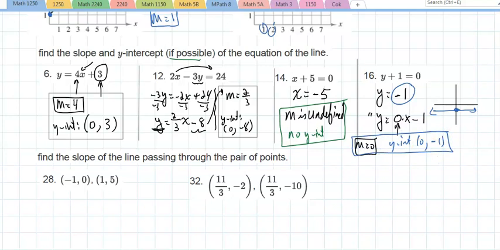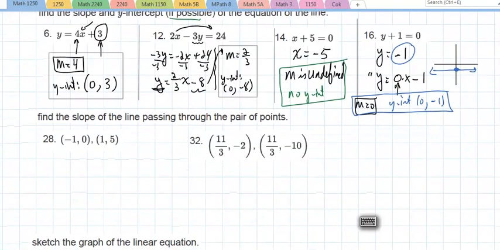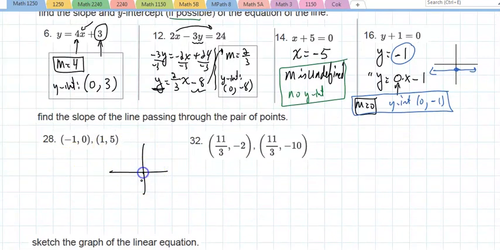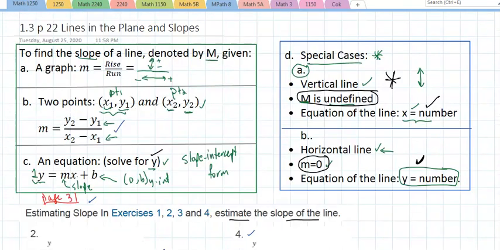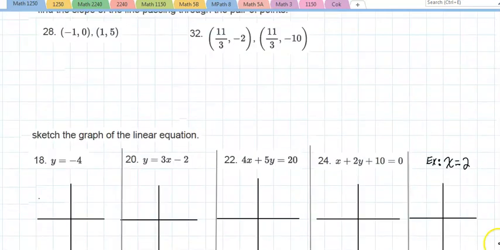Alright. How about if I wanted to find the slope given 2 points? Now again, nobody's stopping you from plotting those points, not recommended, and using rise over run, not recommended. You should be able to find the slope with any situation, so you shouldn't focus on one way more than the other. You should, if I gave you a graph, use rise over run. If I gave you an equation, solve for y. And if I gave you 2 points, use y2 minus y1 over x2 minus x1.